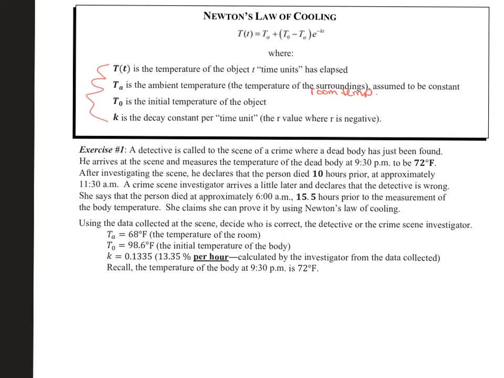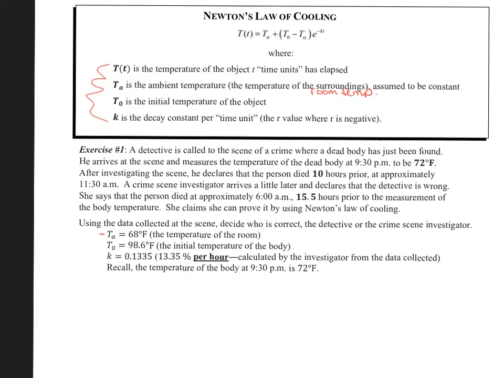All right, so they have given you a lot of the information. Normally they won't do this, but since we're just learning it, a lot of it is given to you. So T sub A or T sub alpha is 68 degrees. That's the room temperature. Again, we are assuming that that is constant, that the heat hasn't been turned on or the air conditioner.